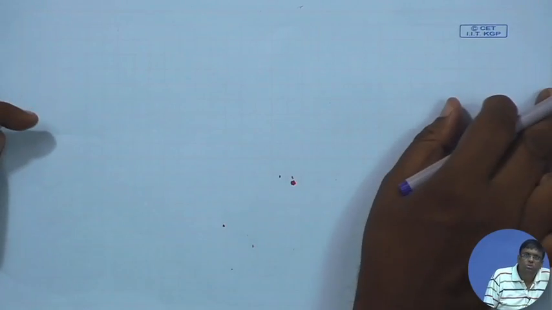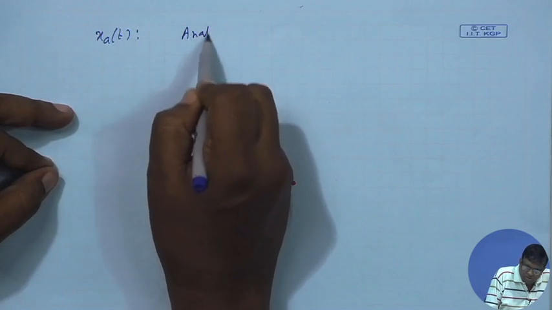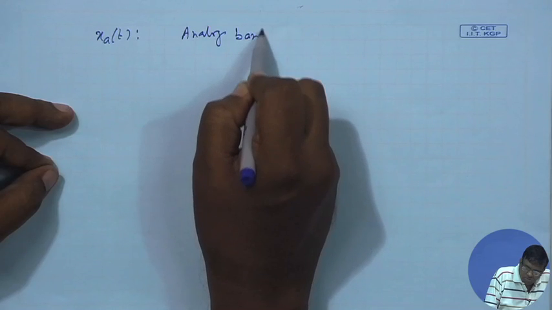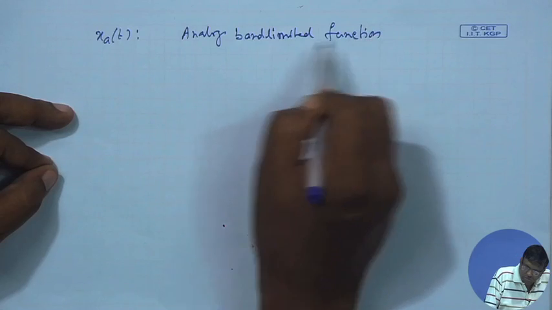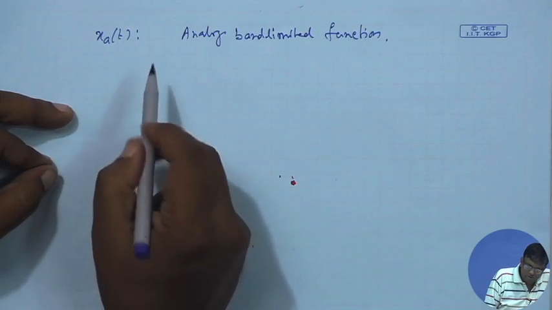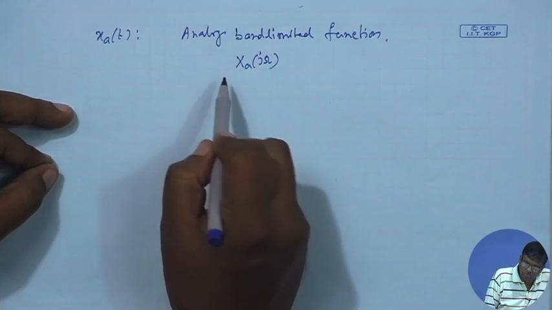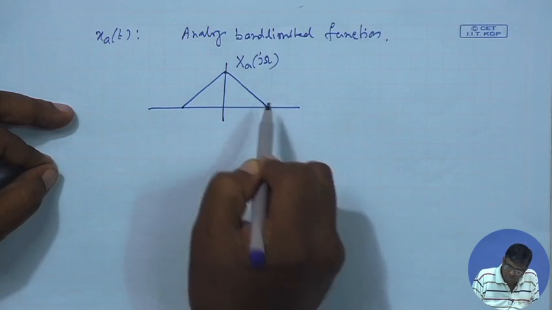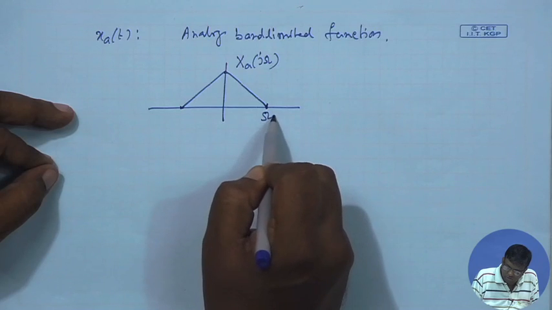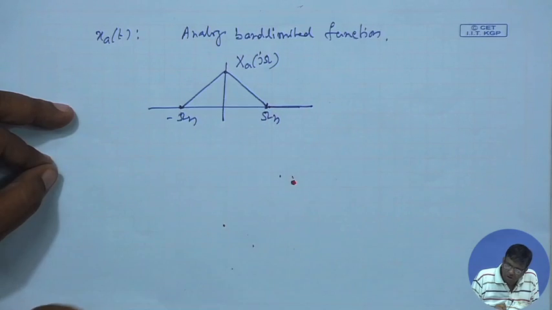Now, this leads to a fundamental question, and there is a fundamental thing in DSP. Suppose there is an analog x a t, an analog band limited function. That is x a j omega, like this.